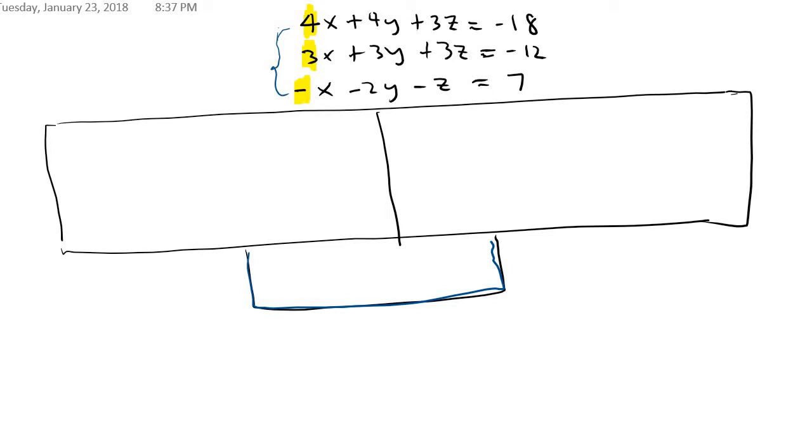But looking at y, we have 4 and 3 and 2. We need to do something to both equations before we can actually eliminate y. So y will be no go.